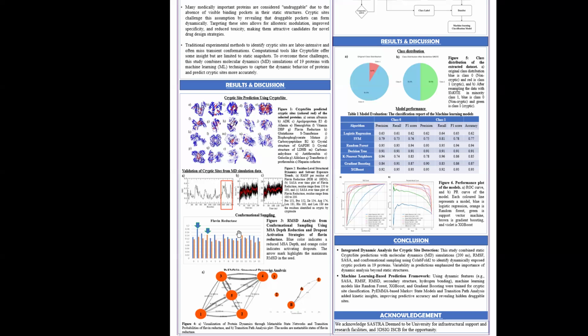So this plot is the reactive network plot, and then the TPT, transition pathway analysis plot. The plot A is a reactive network plot where nodes are MSM states and edges are the transitions from one state to another, and the thickness of the edges is proportional to the transition probability. So here flavin reductase has a denser network.